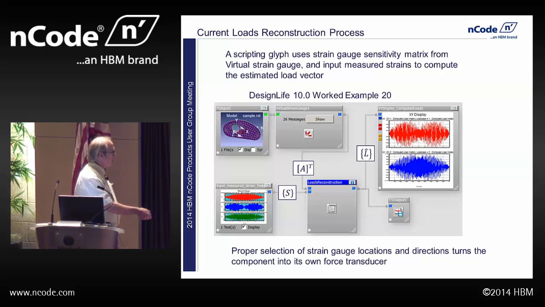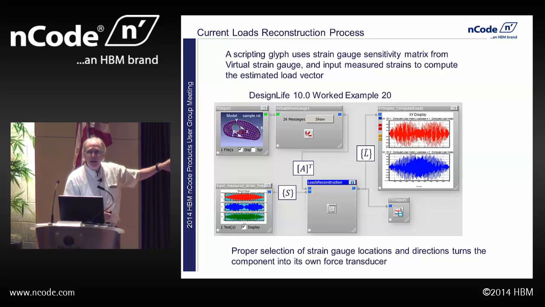Inside the scripting glyph, it's physically taking that math you saw, doing the least squares solution. I bring in strains, I bring in this response matrix from a virtual strain gauge. Inside the scripting glyph, it does the math and can output these estimated loads. And that's just a standard part of DesignLife 9.